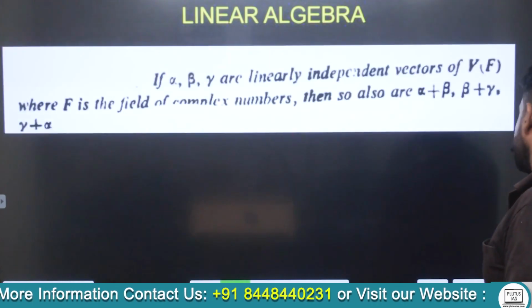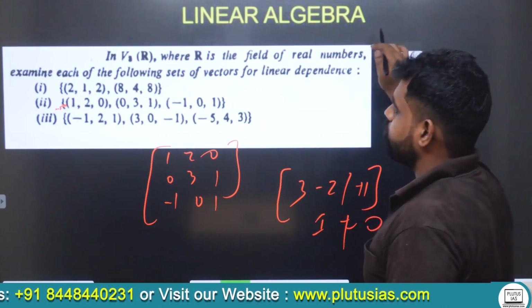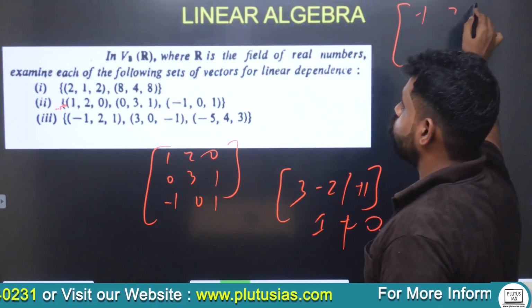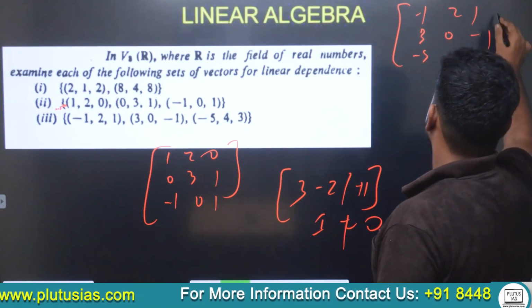For the third question also, if you write this matrix, the matrix form minus 1 2 1, 3 0 minus 1, minus 4 3.